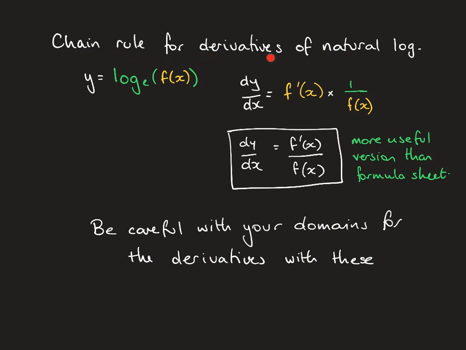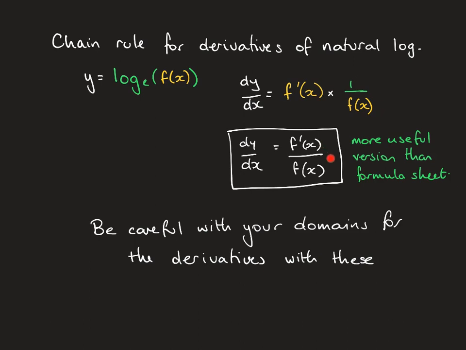chain rule with derivatives for natural log gives you a much more useful formula. If we put a function inside a log function and we find the derivative of that, so f of x is our inner function and our log function is our outer function, if we use our chain rule, then the derivative with respect to x is the derivative of the inner function, which is f dashed of x, times the derivative of the log, which is 1 over f of x.